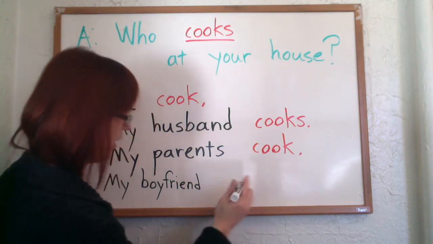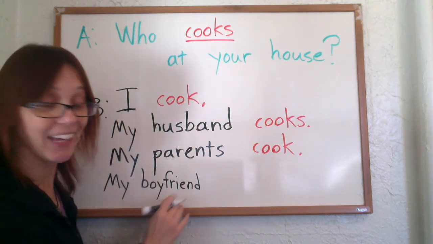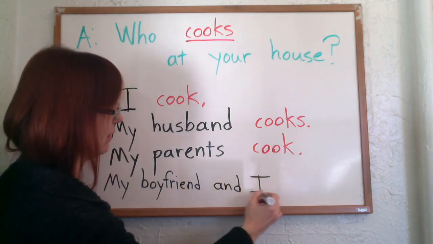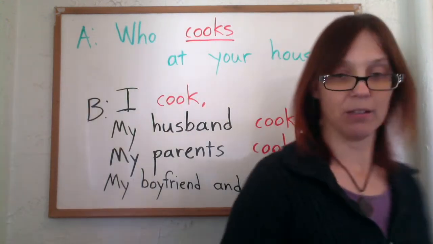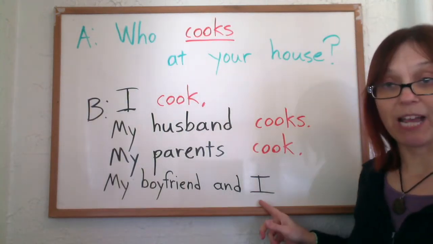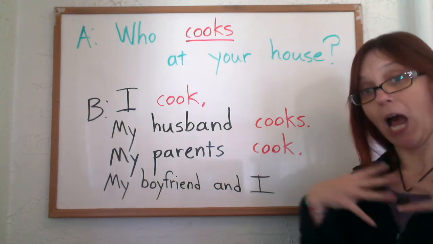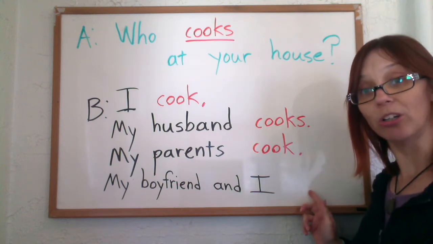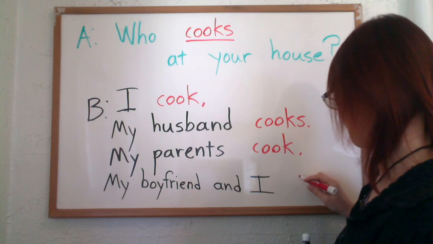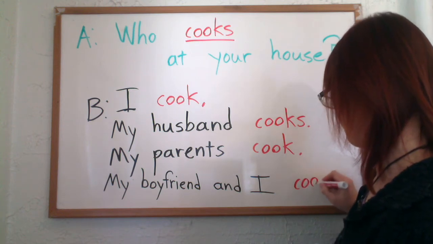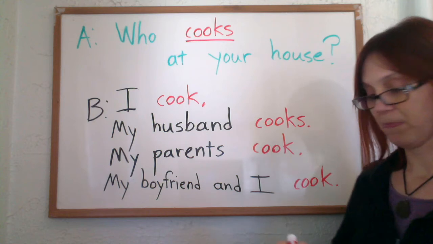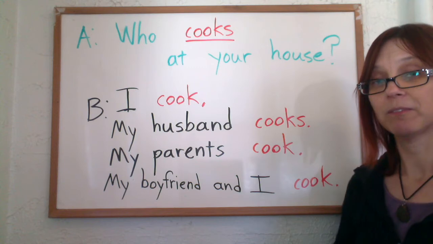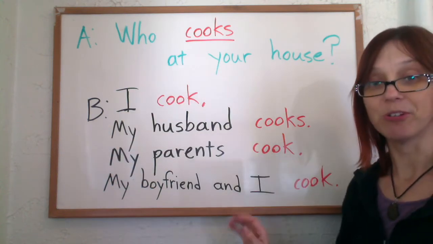This is going to be very long. My boyfriend and I. And I is always capital for the word I. My boyfriend and I cook. So here are examples of answers.